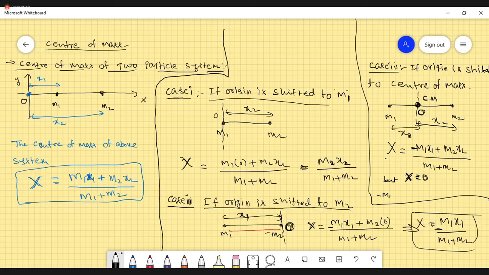Minus m1 x1 plus m2 x2 equals to 0, and finally you will get m1 x1 equals to m2 x2. So these are the different cases in center of mass of two particle system. Remember one thing, we are measuring the distances from the origin itself.